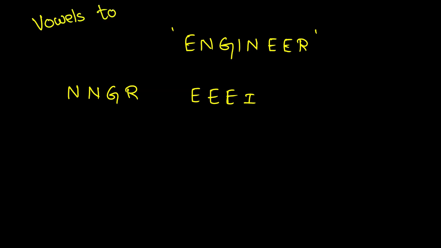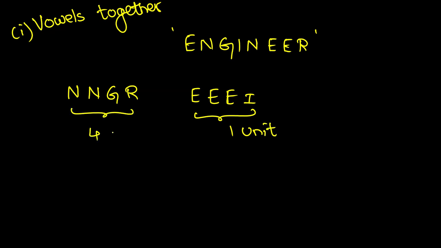Vowels should be taken together. Then what should you consider all vowels as? All vowels as 1 unit. Here consonants how many? 4 units. So 4 plus 1, total 5 units. We can arrange in 5 factorial ways.